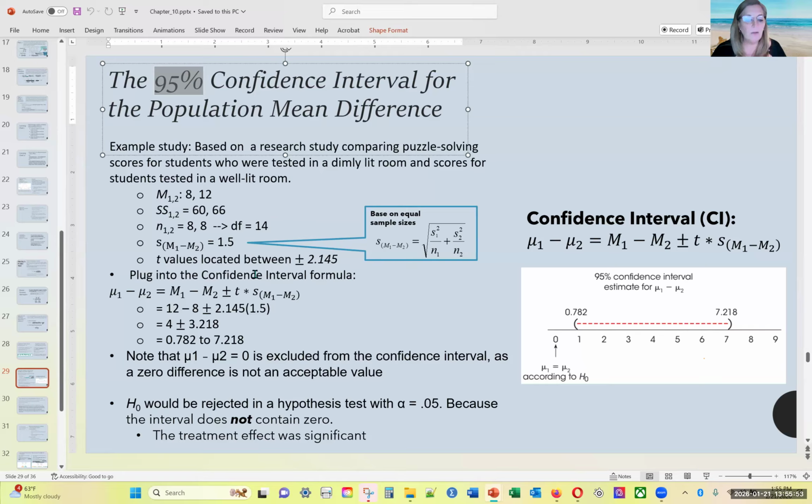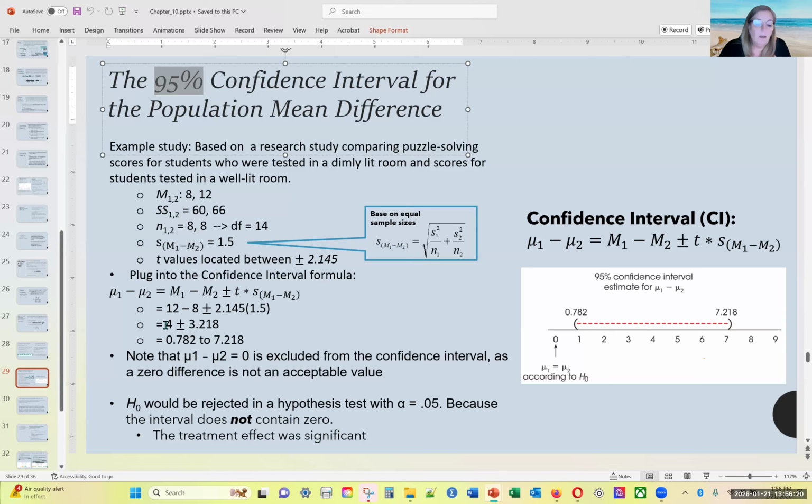All right, so we plug into the confidence interval formula, and here it is. We take the means from each group, 12 and 8, and we subtract, and then we subtract and add that t-value, 2.145, and then we multiply by that pooled variance, and it came out to be 1.5 in this case.